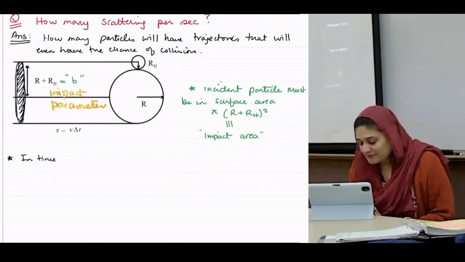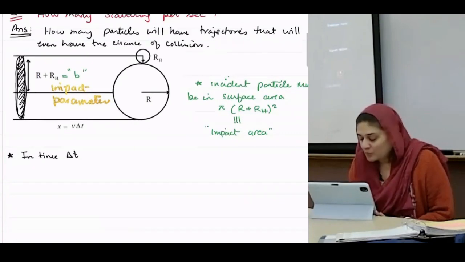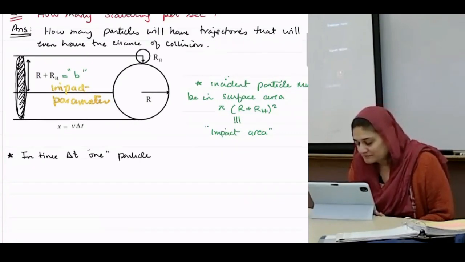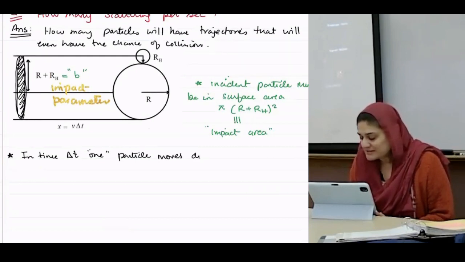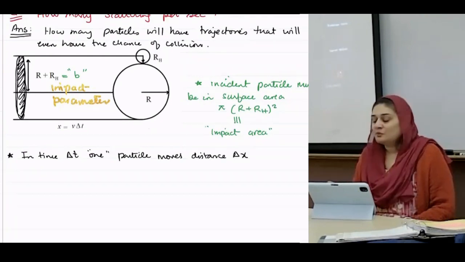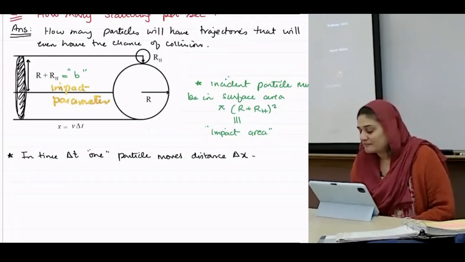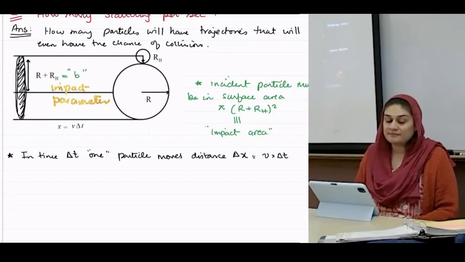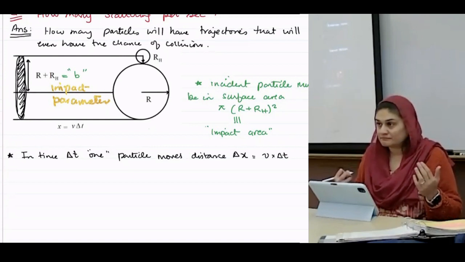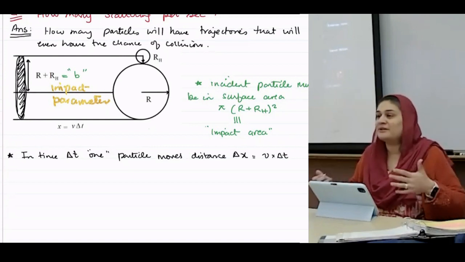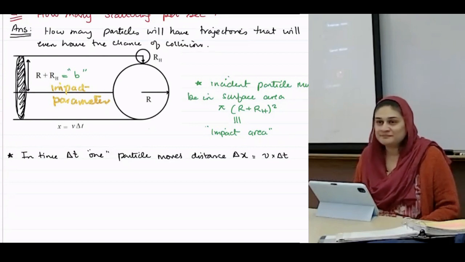In time delta t, one particle moves distance delta x. What is delta x? Speed times delta t. We've done it in fluids, we've done it a bunch of times, right?